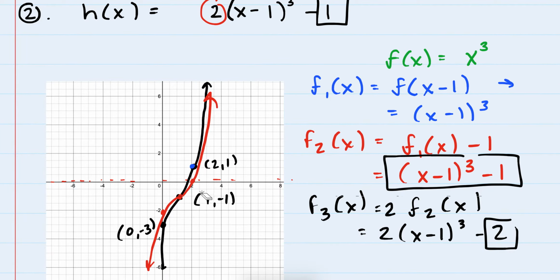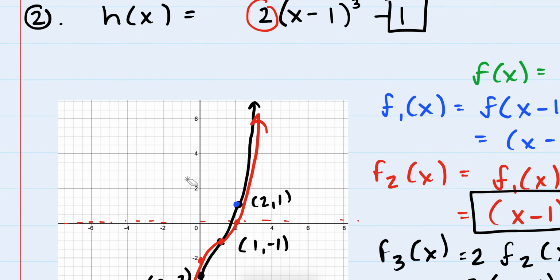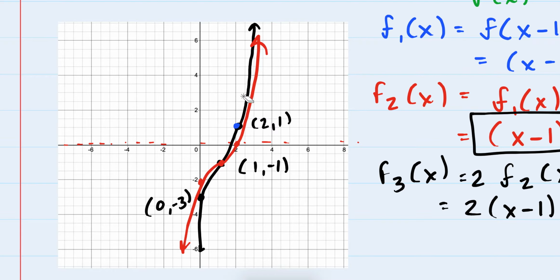And you can see what would happen if we multiplied by 2. If you draw this graph, let me zoom in. Let's see what happens when we multiply by 2, because we know that this black graph is the correct one. And we said that we had these 3 points here.